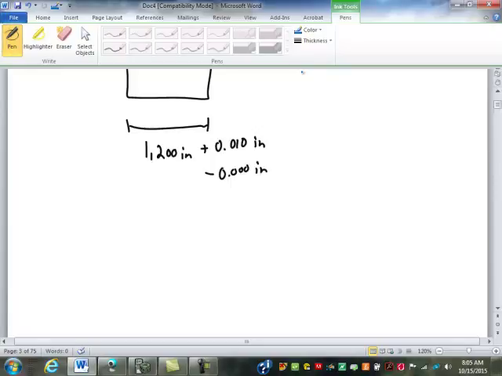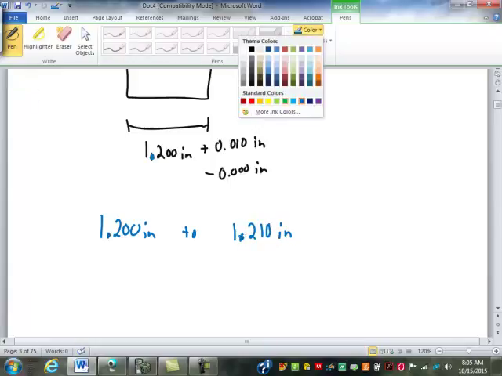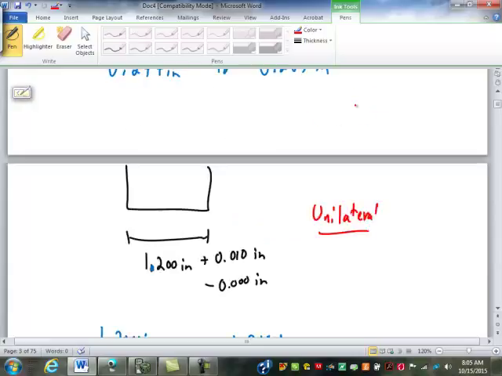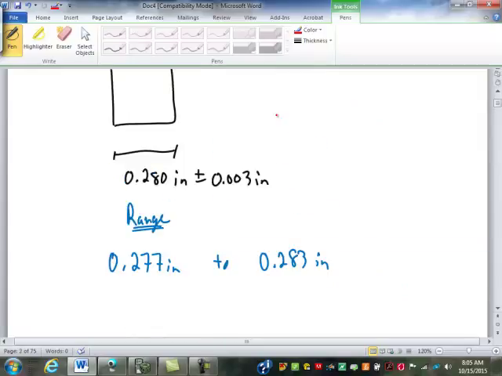So what range does that imply? Yeah, 1.2, up to 1.210. So this is what we call, of course, unilateral tolerance, because it only goes in a single direction. This is called bilateral because it goes in 2 directions.